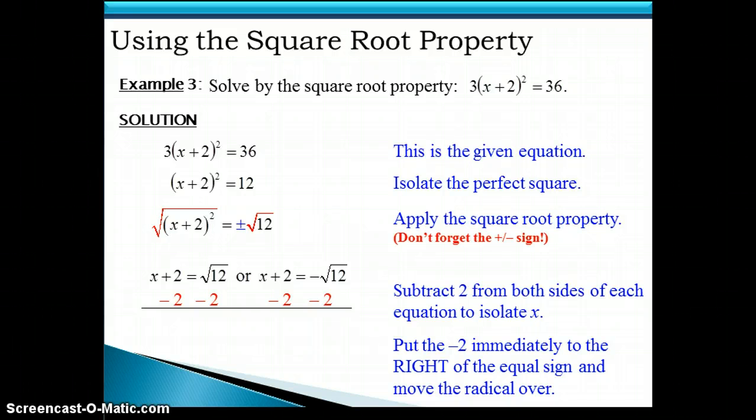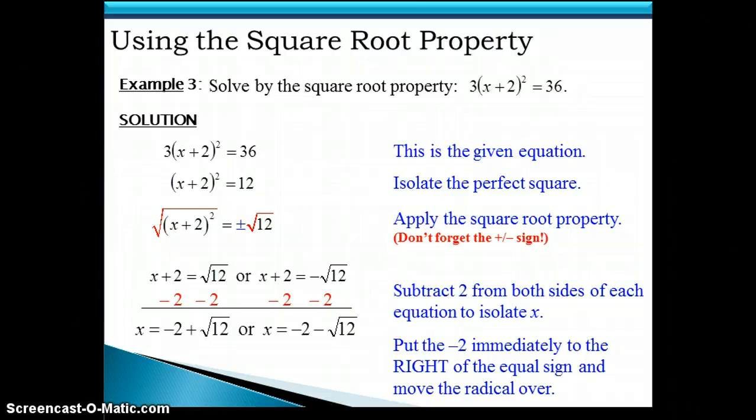We do this because we want to get it into a form that we'll be familiar with once you learn another method for solving quadratic equations in the next class called the quadratic formula. So that will give us x equals negative 2 plus square root of 12 for the one on the left, and the equation on the right will give us x equals negative 2 minus square root of 12.